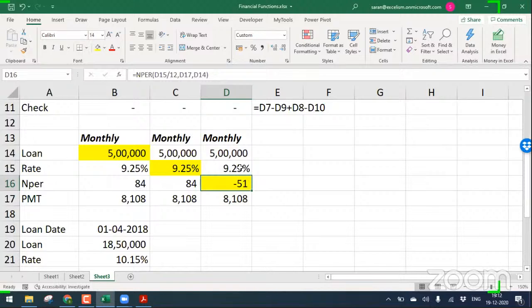It's going somewhere on the negative side. Okay, so maybe what he's saying, if you go and reverse, I don't know what Excel is saying. There should be an error ideally. I'll give you a proper reason for this. Why is it taking negative years?